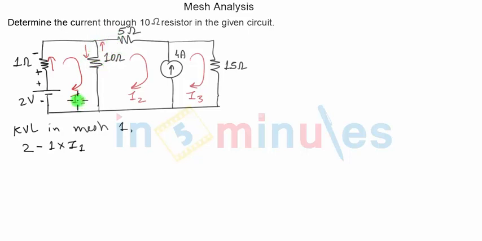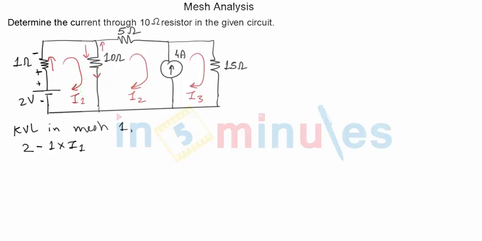Now it can be either I1 minus I2 or I2 minus I1. What difference we should take depends on what direction of current I want. So let us say right now I assume current flowing in the downward direction. Then the current will be I1 minus I2.